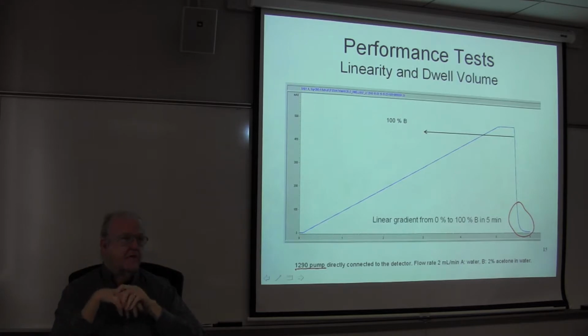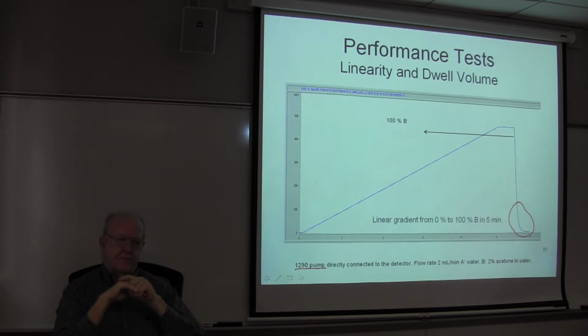Obviously, the higher the flow rate, the quicker you can flush it out. The really important number is the gradient dwell volume, because that's pretty much independent of flow rate. And if you're buying a gradient system, you're strongly advised to buy one with a rather small gradient dwell volume.